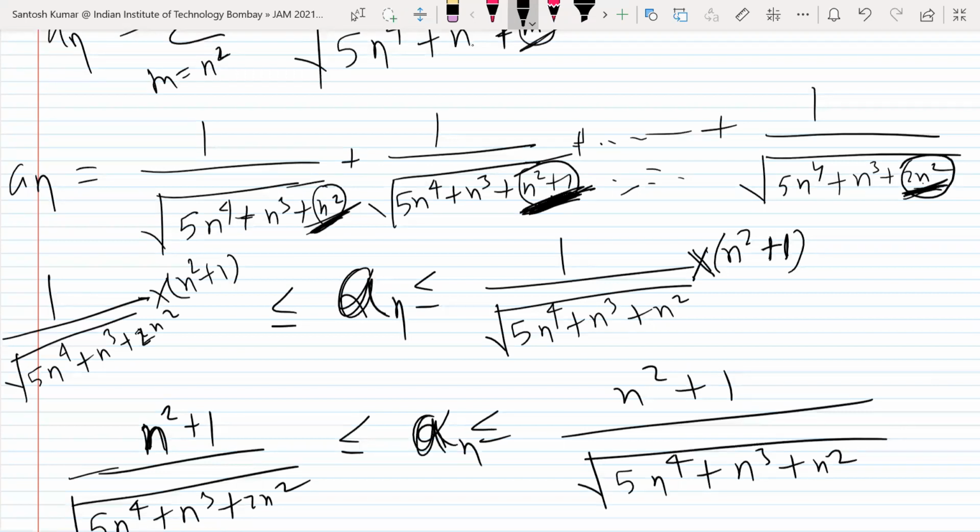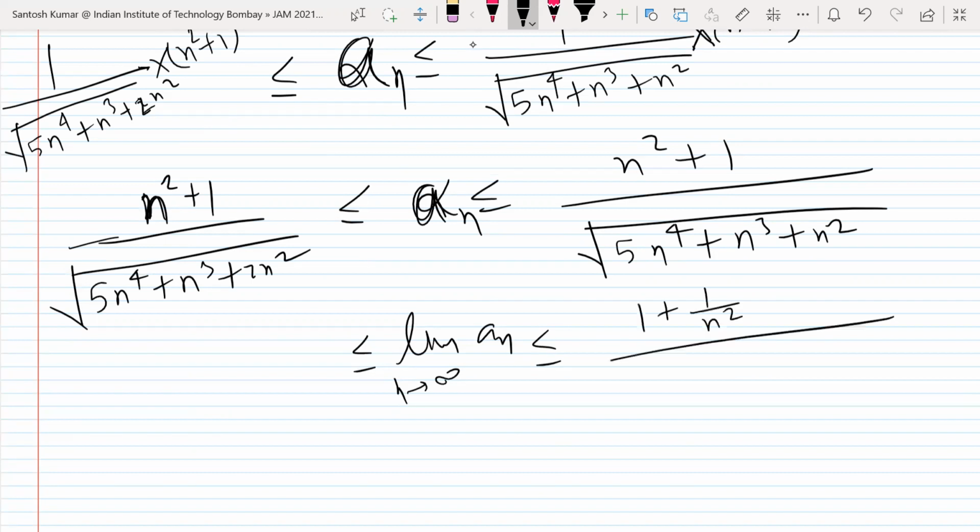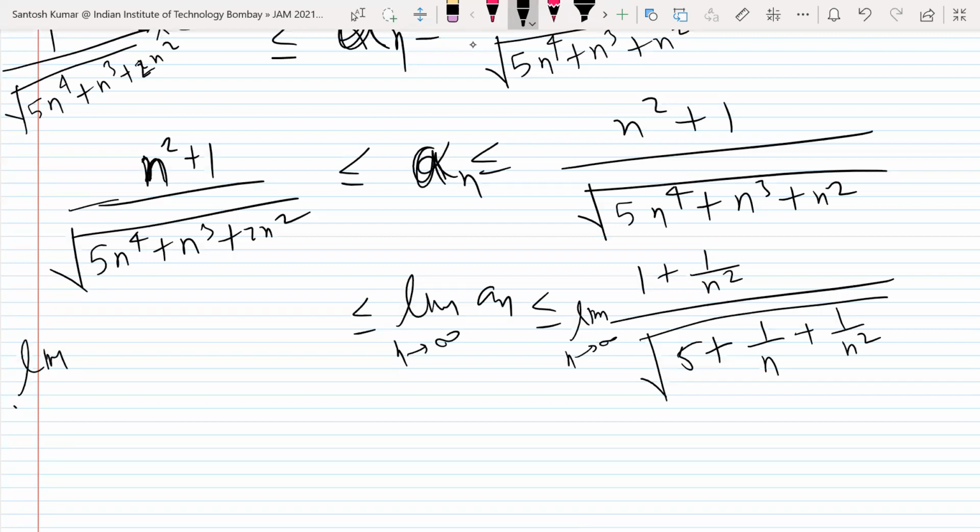Now you take the limit on all sides, limit as n tends to infinity of a_n, more than or equal to, less than or equal to. To find the limit, I am dividing both numerator and denominator by n^2.